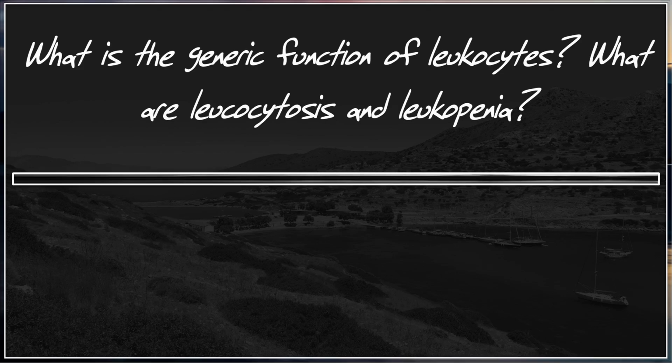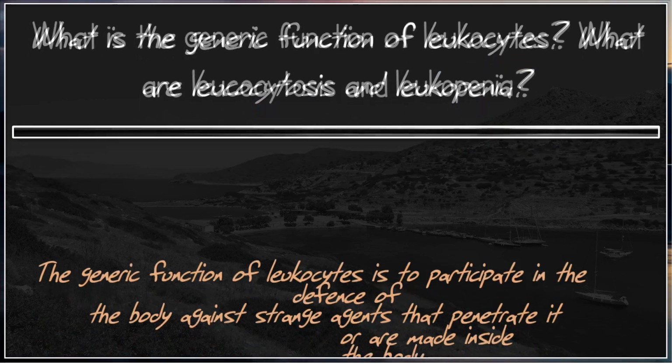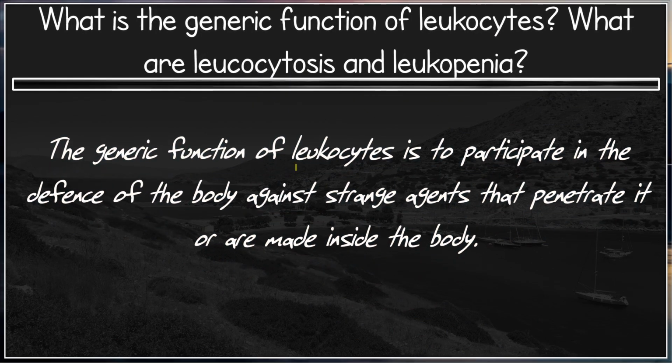What is the general function of leukocytes? What are leukocytosis and leukopenia? The general function of leukocytes is to participate in the defense of the body against strange agents that penetrate it or are made inside the body.